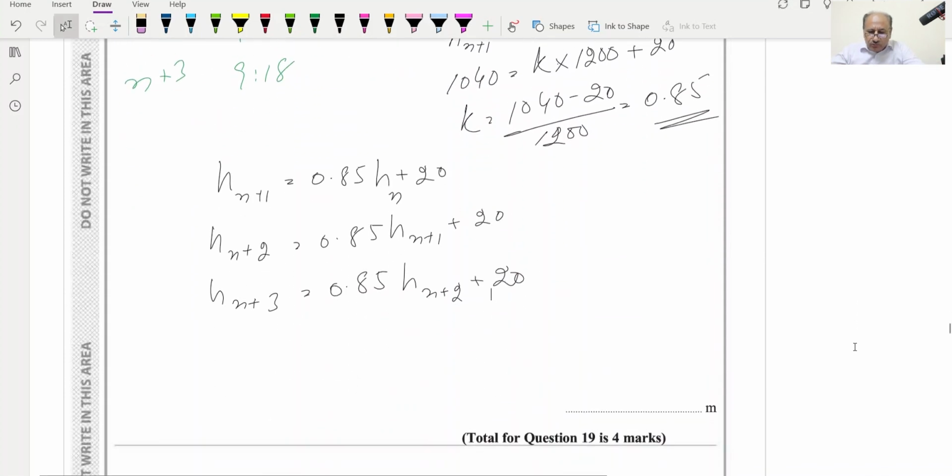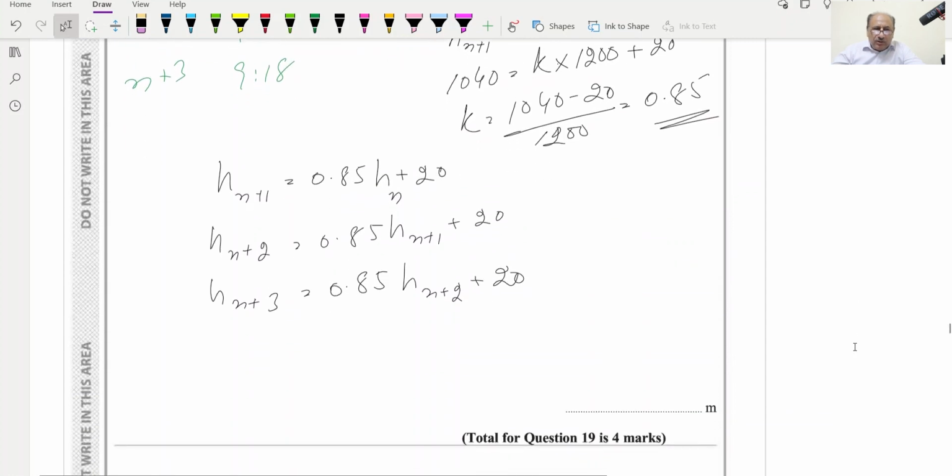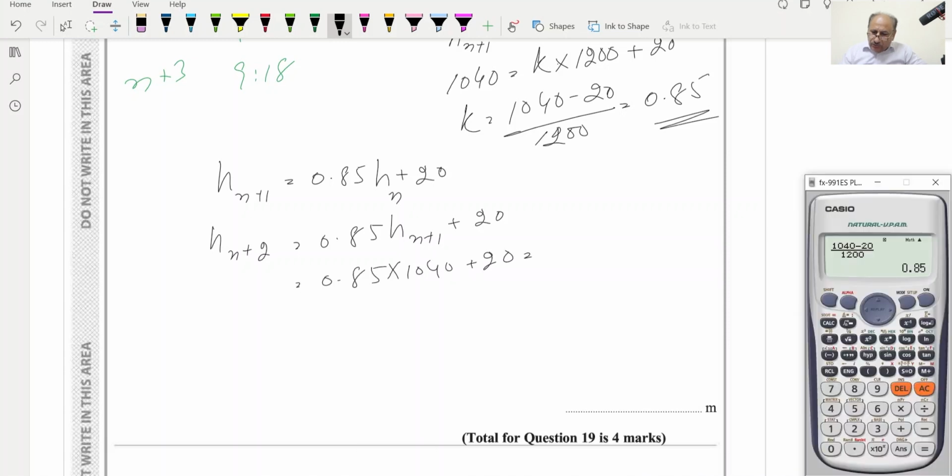And h(n+1) value, we can replace over here. If we replace the h(n+1) value, that is 1040, so before writing this step we will replace the values: 0.85 into 1040 plus 20, and this one we can calculate.